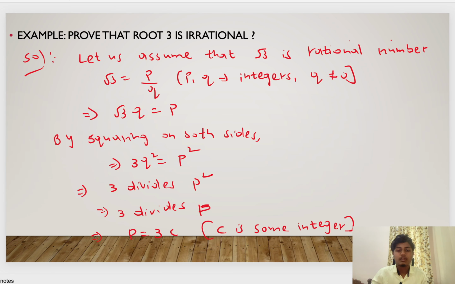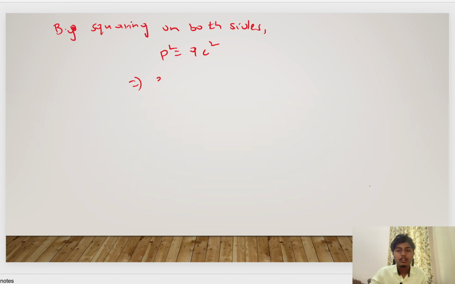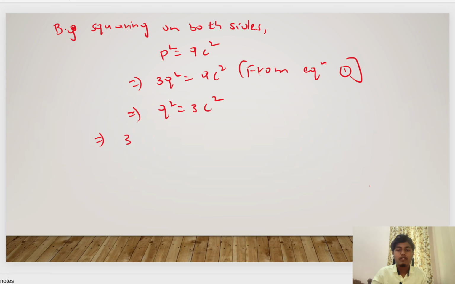By squaring on both sides, p square is equal to 9c square. It is equation number 1. That implies 3q square is equal to 9c square from equation number 1. That implies q square is equal to 3c square. That implies 3 divides q square. It automatically divides q.